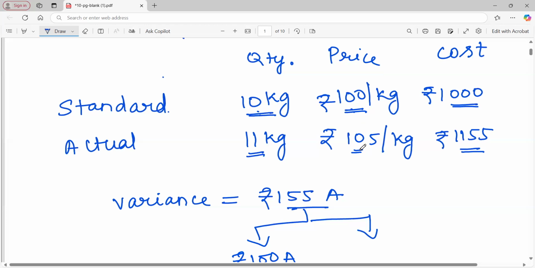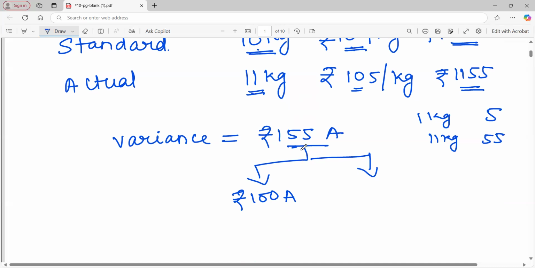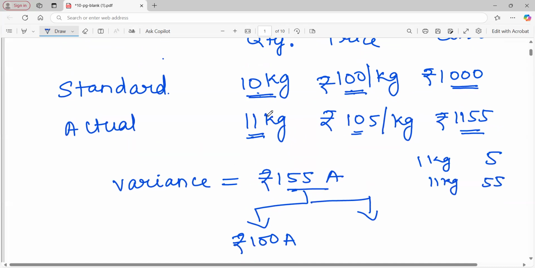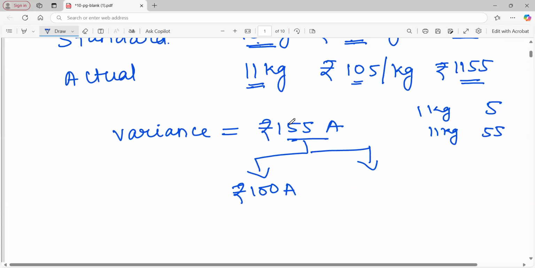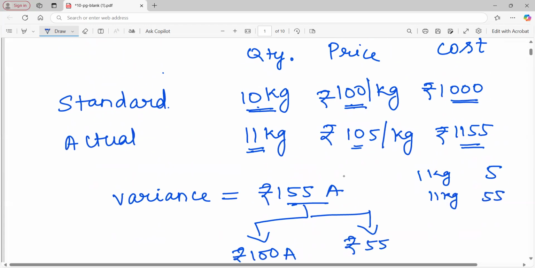Actually, how many kgs did the company purchase? 11 kg. So for 11 kg, the cost incurred by the company is 55. So out of this 155, 100 rupees is cost due to change in the quantity, and the remaining 55 rupees is cost due to change in the price of the material.